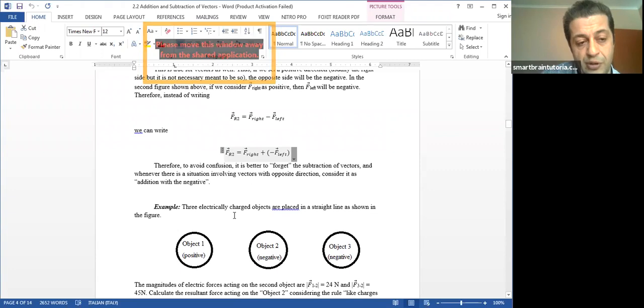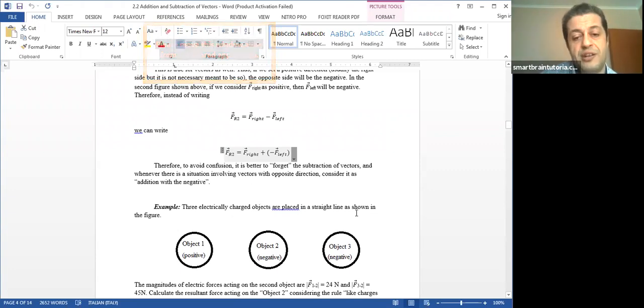Let's see an example here. Three electrically charged objects are placed in a straight line as shown in the figure.